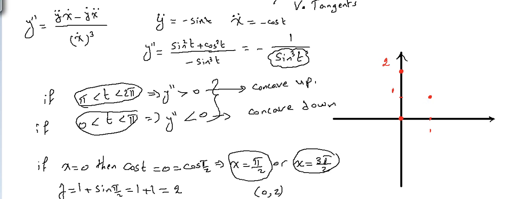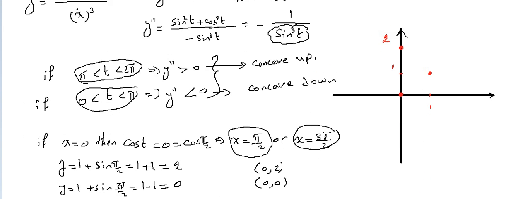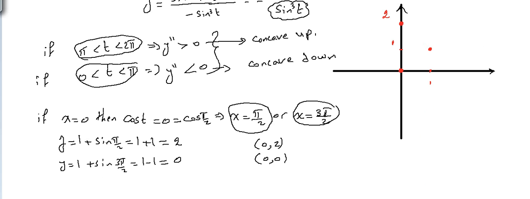Now, there is a very important thing in the derivative. At pi over 2 and 3 pi over 2, the derivative is 0. The points I got are here, at the origin (0, 0). Here t is pi over 2, here t is 3 pi over 2, and here t is 0.